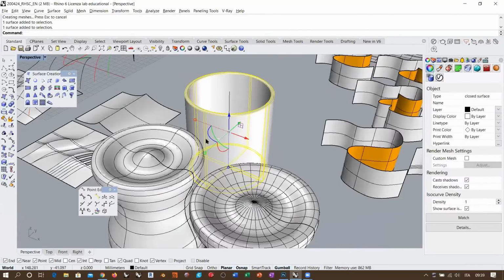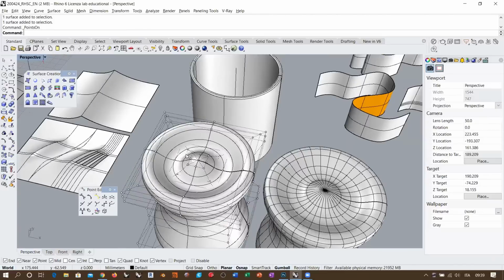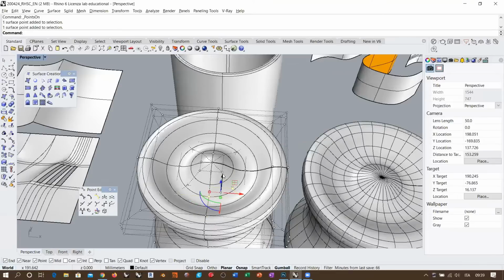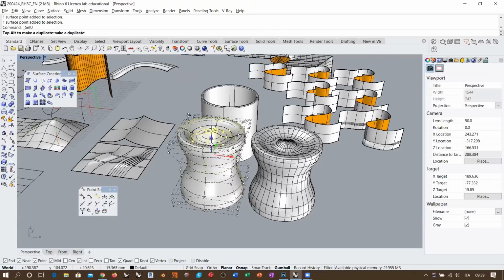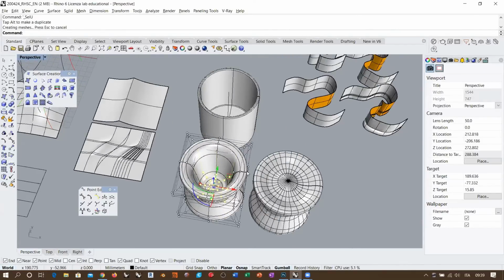It's like taking this sphere and taking all the top part of this object here, taking this point here, selecting all the U direction and pushing this all the way down to the bottom. And you can create some shape like this one.